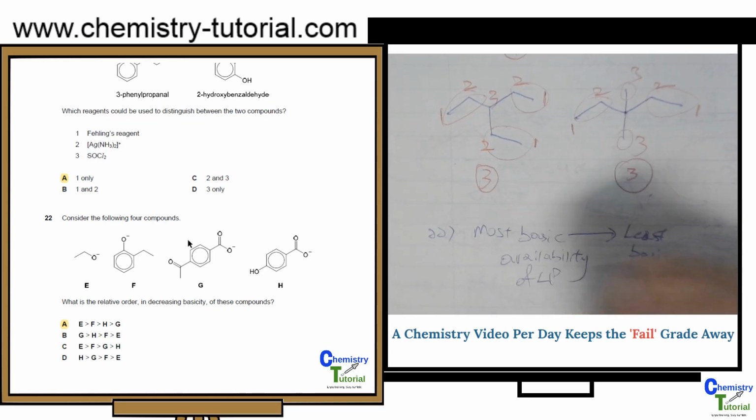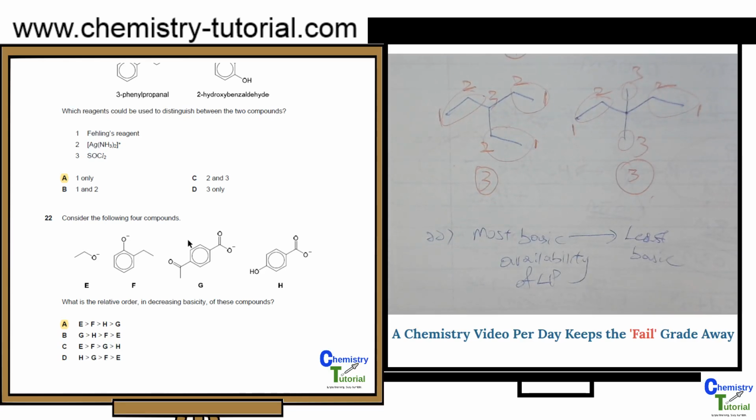So basicity depends on the availability of your lone pair, whereas acidity depends on the stability of the conjugate base. So if you check this out, now your F itself has a lone pair. The reason why it carries a negative charge is because it gains 1 extra electron, but nevertheless the lone pair can get delocalized into an aromatic ring, into the adjacent C double bond moiety. Same goes for this H as well.